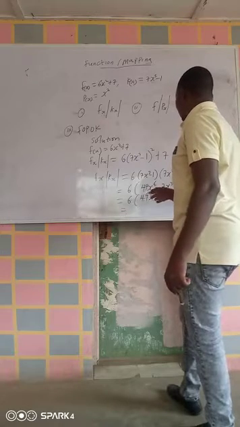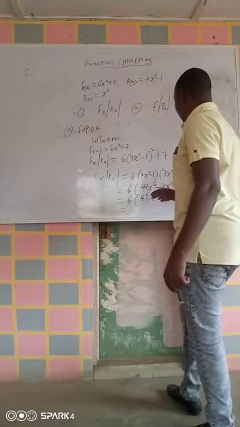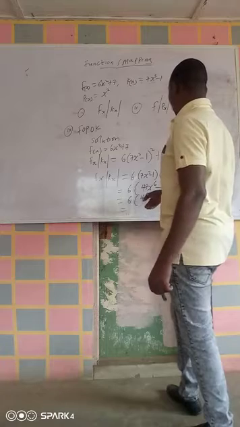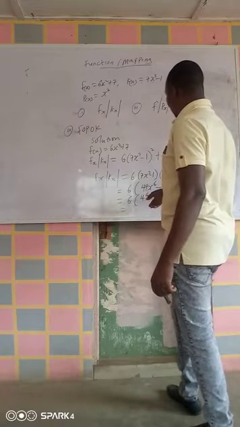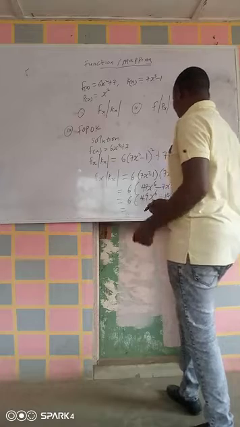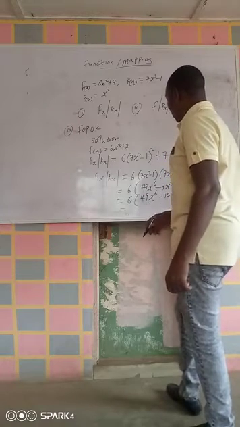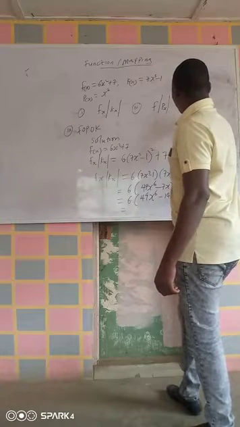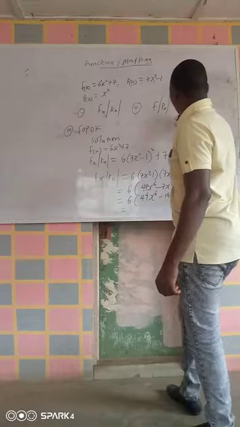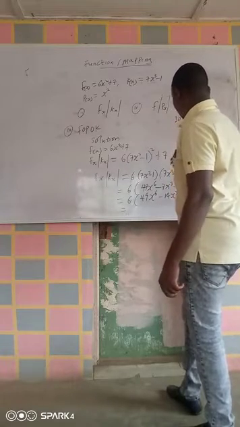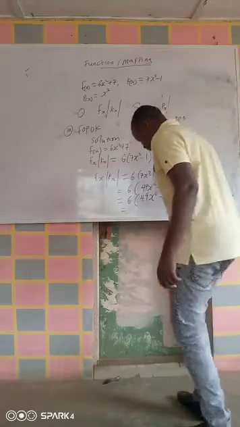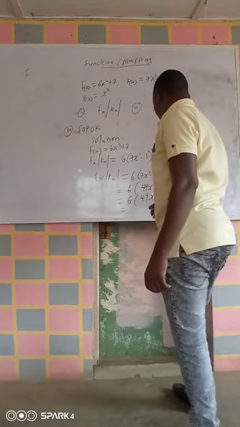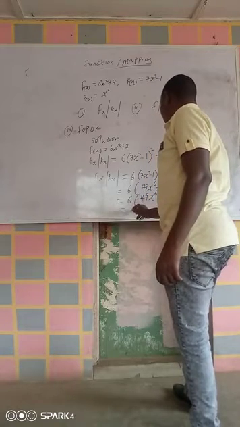Okay, 6 times 5, 30, 6 times 4, 24, so we have 304, yes. Okay, isn't it? Yeah, 304.